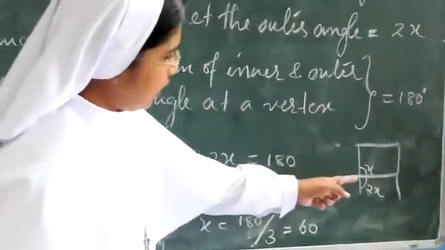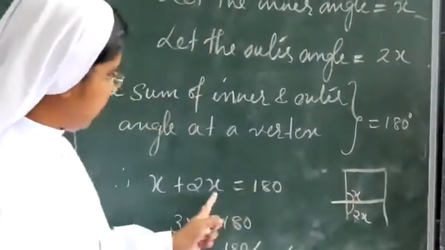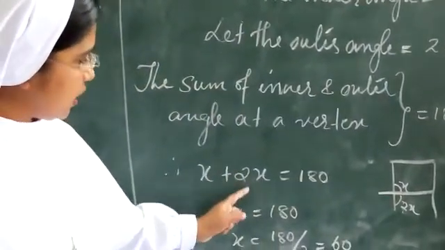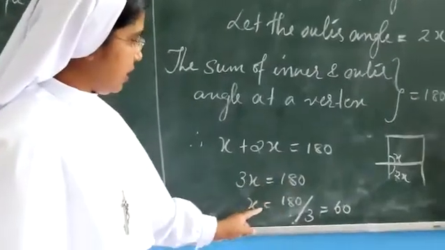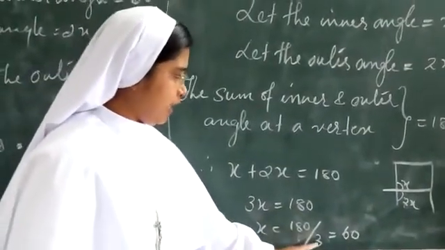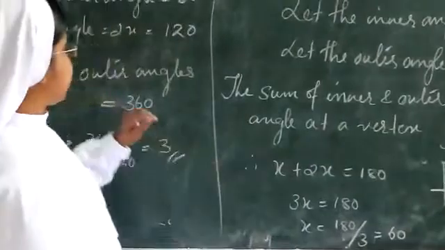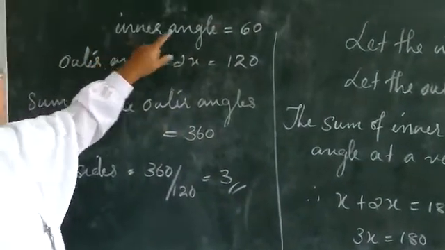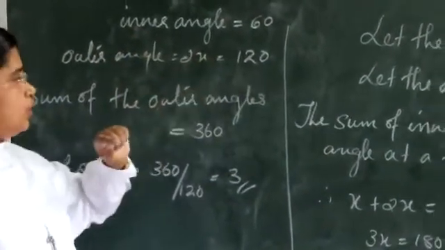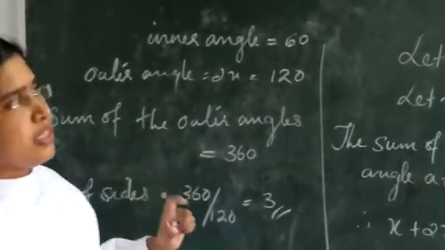So x plus 2x is equal to 3x, that is 180. x is equal to 180 divided by 3, equal to 60. Now the inner angle we got is 60 and the outer angle is 120. So the first question was satisfied.